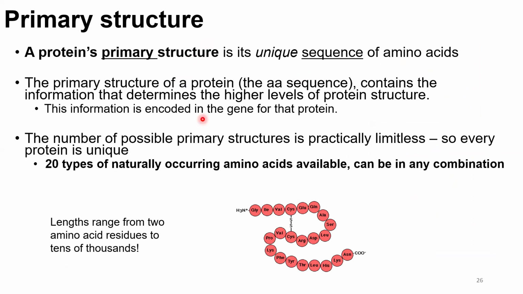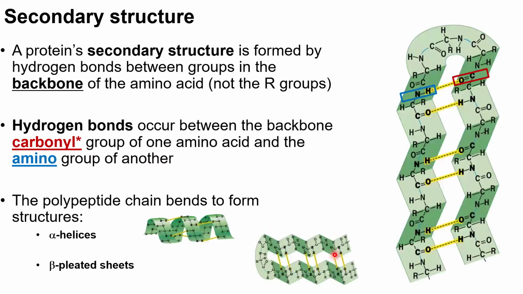This is basically the information from the gene that is encoded for that protein. And there's 20 types that can be used and can be used in many different combinations. And it can go from 2 amino acids to tens of thousands in a protein set.